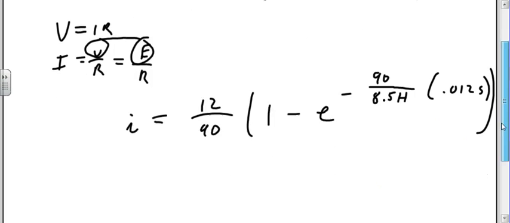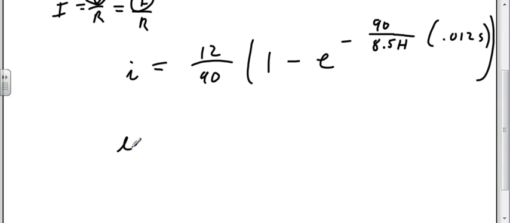So it's a matter of can I put it in my calculator and have my calculator give me the right answer? 12 divided by 90 times, open parentheses, 1 minus e raised to the minus 90 divided by 8.5 times 0.012, right?